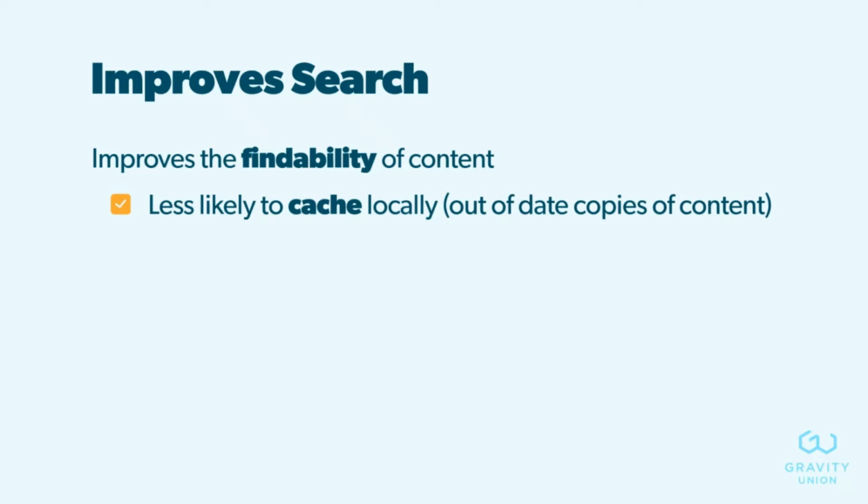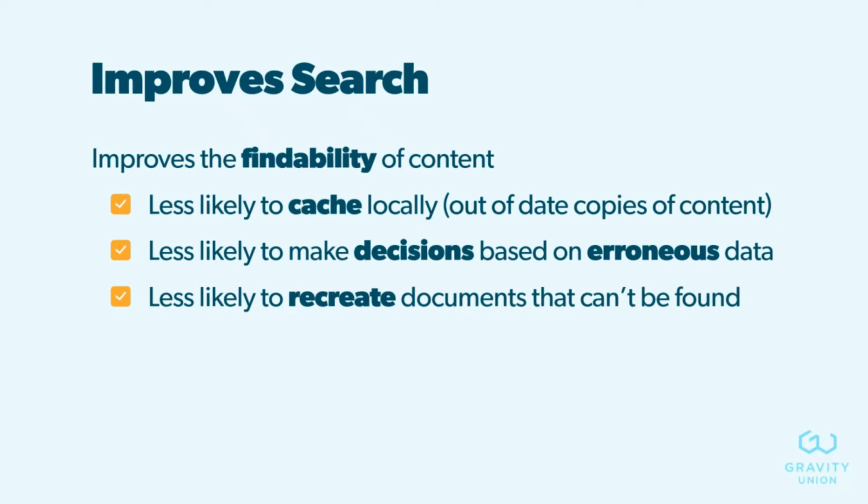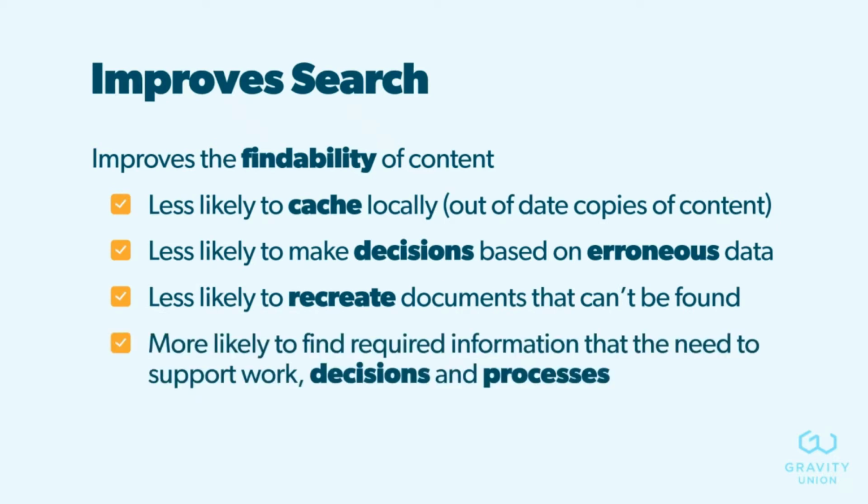They're going to be less likely to print off policies and procedures and keep a local paper copy, or store copies on their desktop, etc. We're going to be less likely to make decisions based on erroneous data, so you're not going to stumble across an old contract and make decisions based off of that. You're less likely to need to recreate documents that can't be found, and certainly more likely to find the right information that you need to make decisions and support processes in the organization.